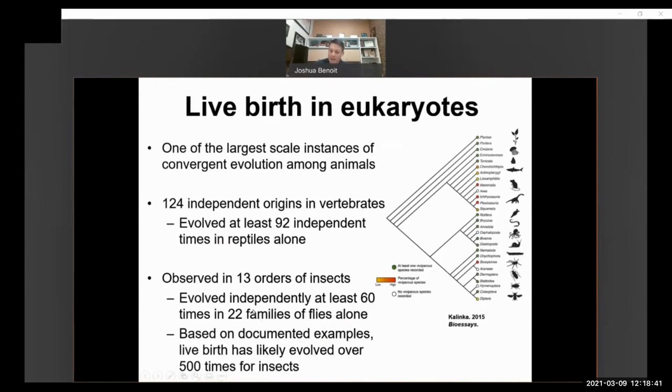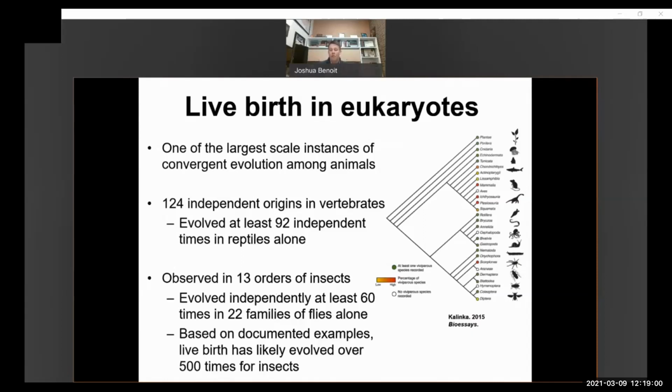So there's a lot of evolution of live birth, and it occurs at varying levels. In some of them, it's only the individual larva rather than eggs, with no nutrients provided, all the way up to things like Glossina, where all nutrients for larval development are provided by the mom.